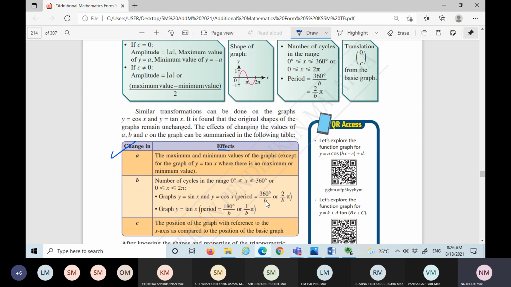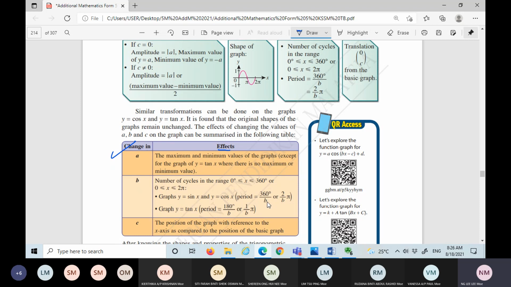If the original graph, the b is 1, so the period is 360 degree. If the new graph, the b is 2, 360 degree divided by 2 is 180 degree. It means in 180 degrees it already completes one cycle.